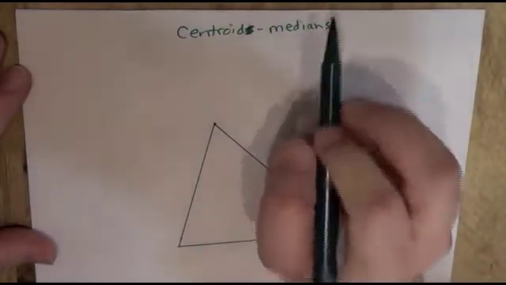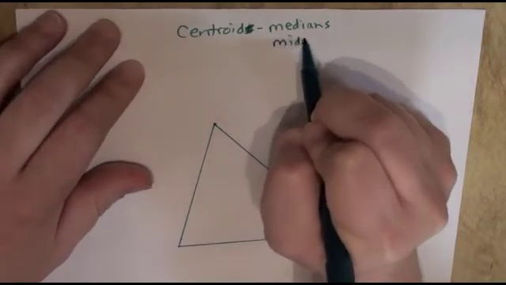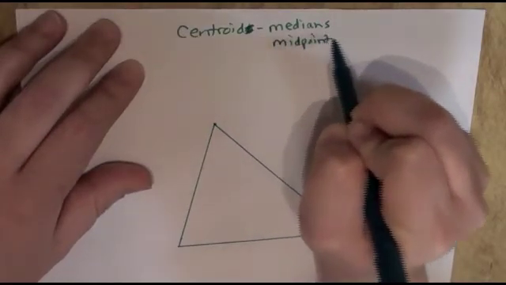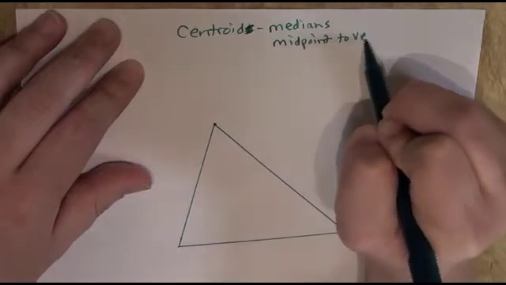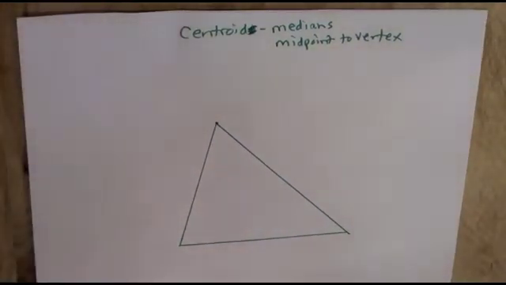It is the line segment that connects the midpoint to the vertex. So what we actually need to find before constructing the medians are the midpoints, and then we can connect them to the vertex.